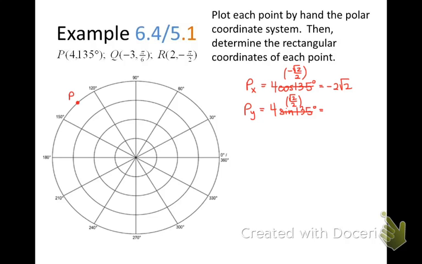So this will be positive 2 root 2. So your xy coordinate for P is negative 2 root 2 and 2 root 2. All right, that's simple enough.